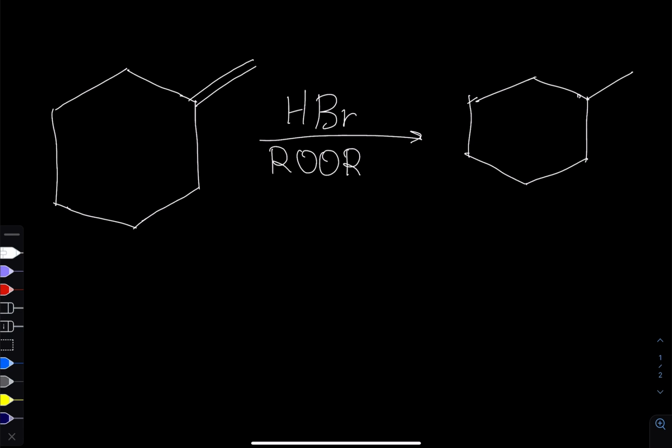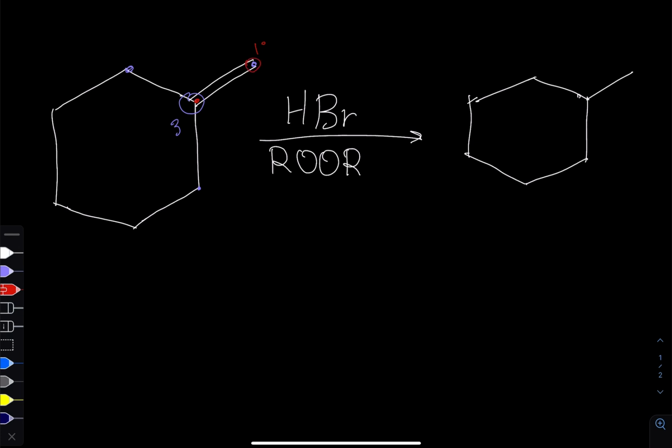So across the double bond we have a carbon here that's secondary because it's attached to two other carbons. And then there's one that's, well, this one's not really secondary, is it? It's tertiary. 3 carbons. And this one is primary because it's attached to one other carbon.